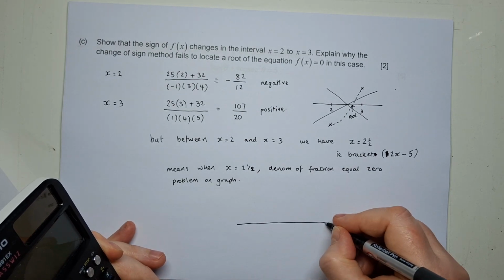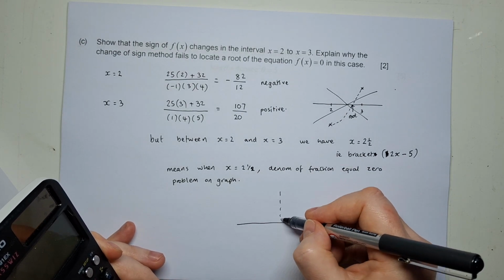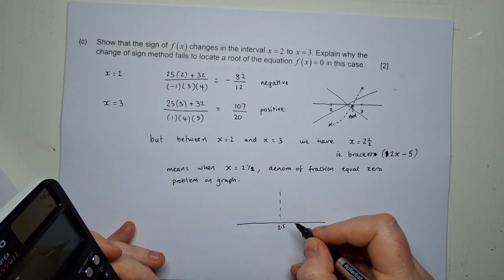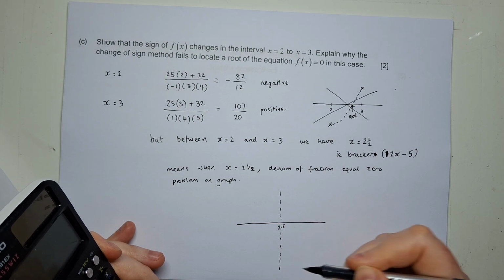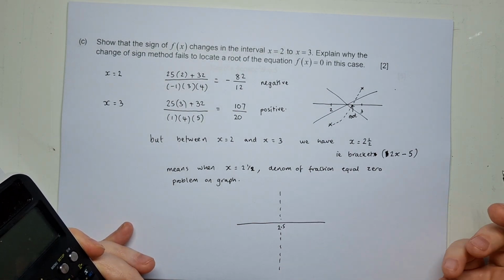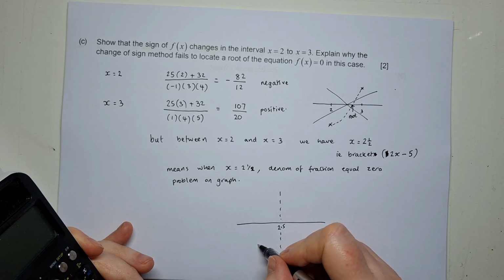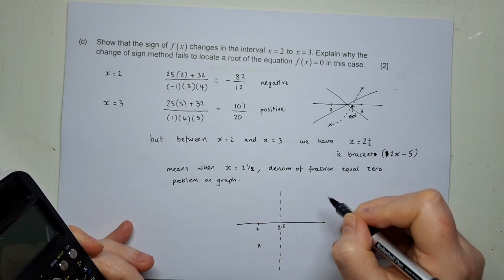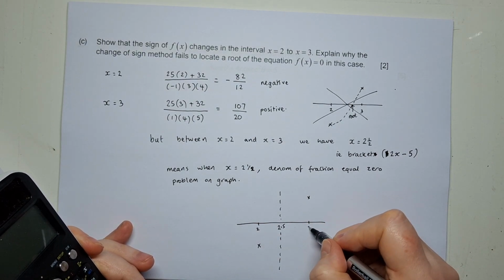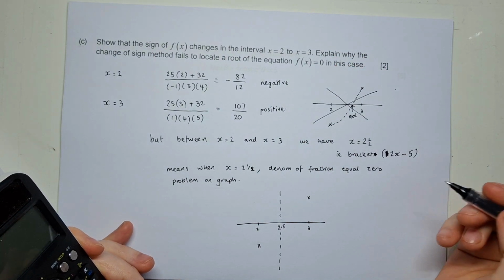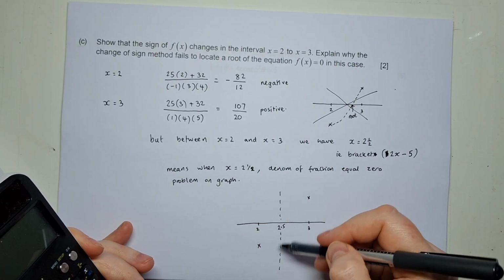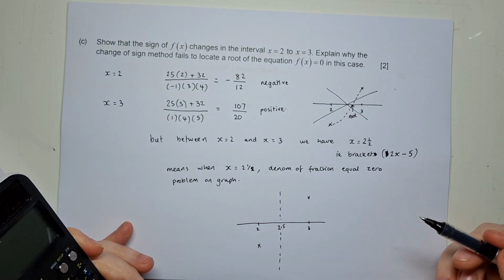Our diagram is actually going to look like this. At 2.5, we've got an issue that we don't actually get a y coordinate when x is 2.5. We've got this value down here when x was 2, and we've got this point up here when x was 3. We've just worked those out, but we don't have a place where the graph passes through this vertical line.